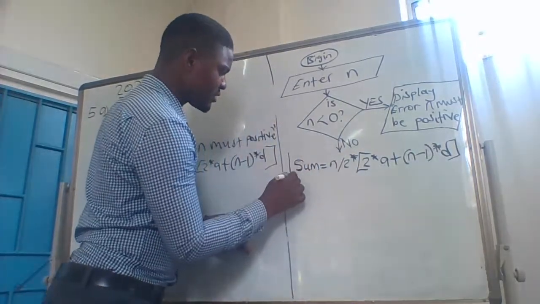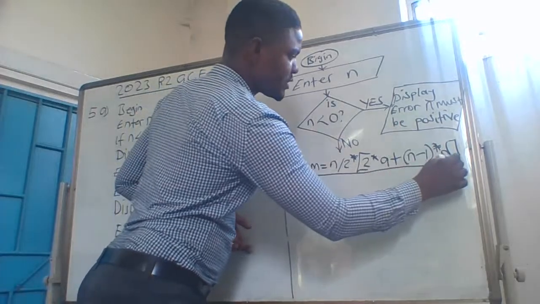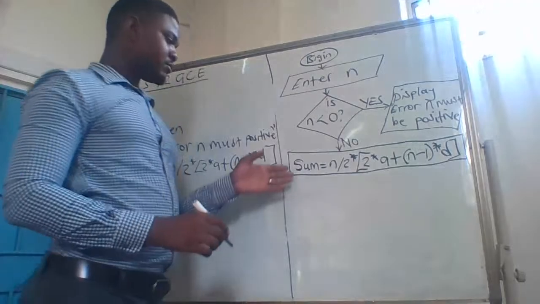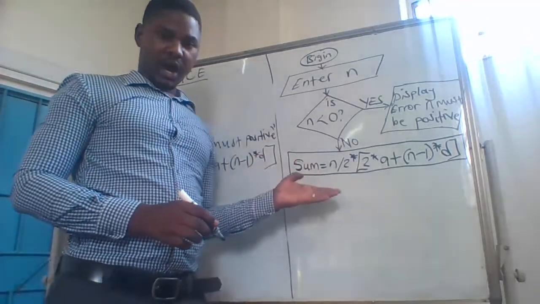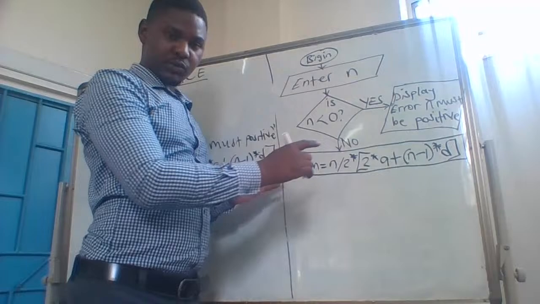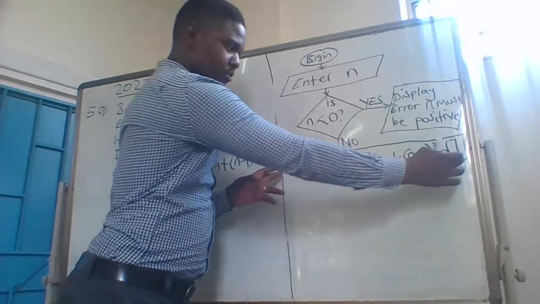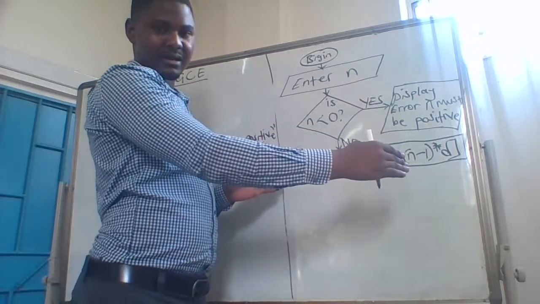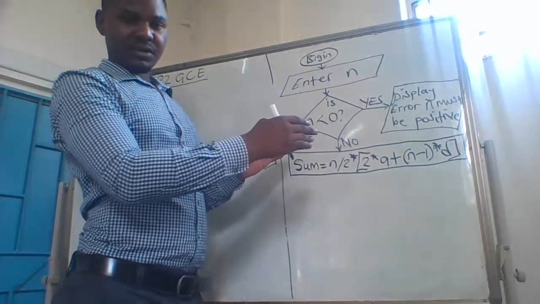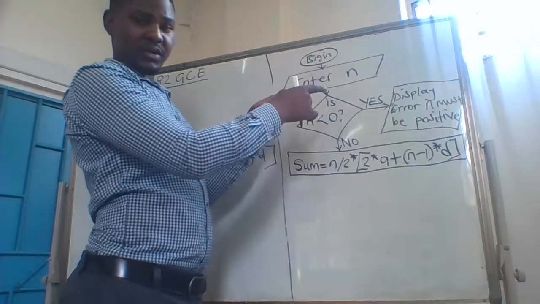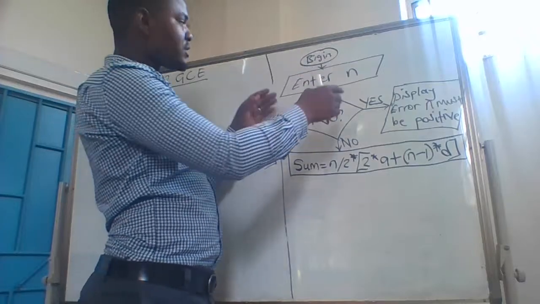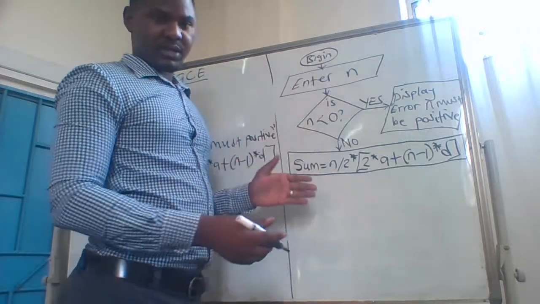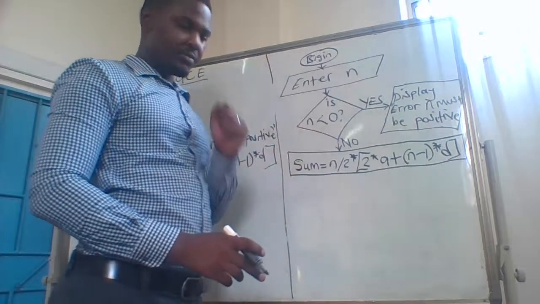Then this whole thing must be enclosed in the symbol for process, which is a rectangle shape. If you take a close look at these symbols, a process is different because it is a rectangle with straight lines on the sides. But the enter symbol, or rather the input symbol, has slanted sides. So pay attention to the shapes, very important.